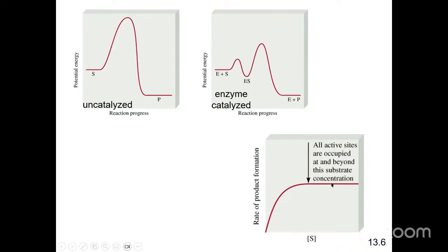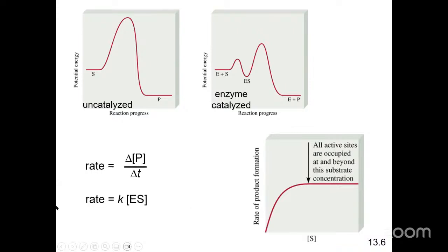And what that indicates is that all the active sites that were previously unoccupied by the substrate are fully occupied. In other words, it's saturated. So therefore, there will be no more active sites for any substrate to fit into. And therefore, it doesn't matter what the concentration of the substrate is after that point, you simply won't have the rate of the reaction increasing, right?